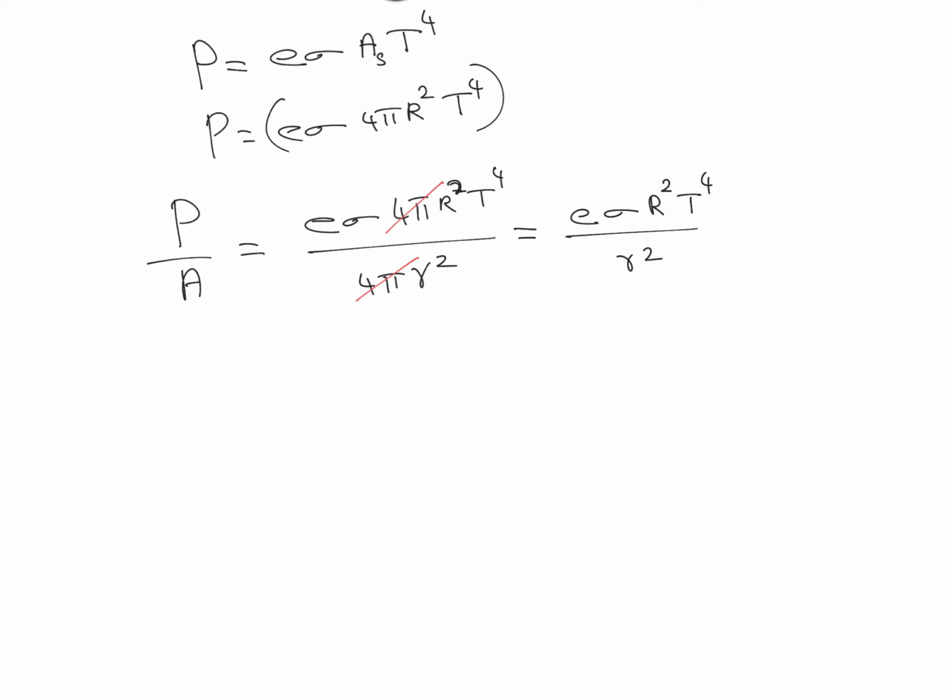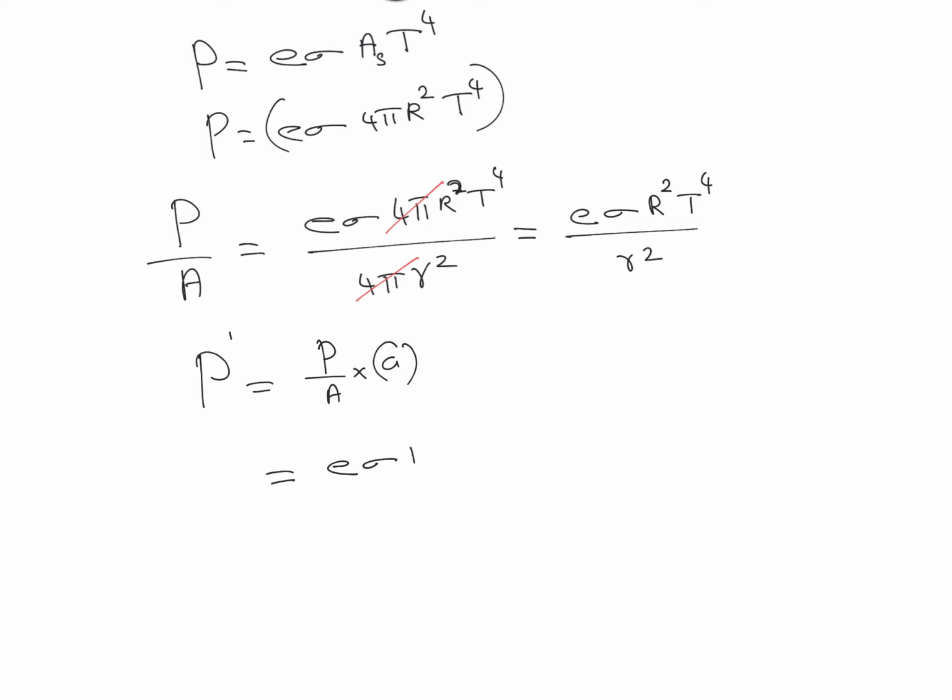Now in the question they are asking to find how much energy is hitting the Earth's surface. So the power hitting the Earth's surface will be the power per unit area into small a, which represents the cross-sectional area on the Earth's surface where these radiations are hitting.